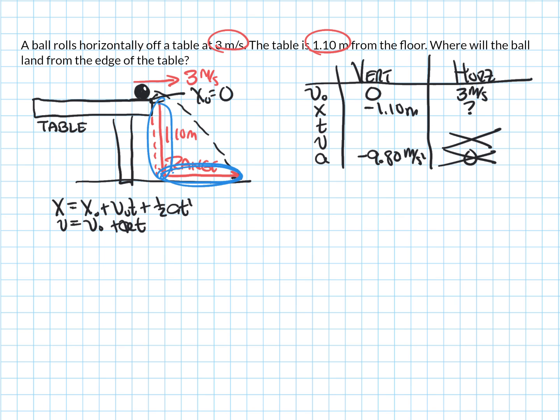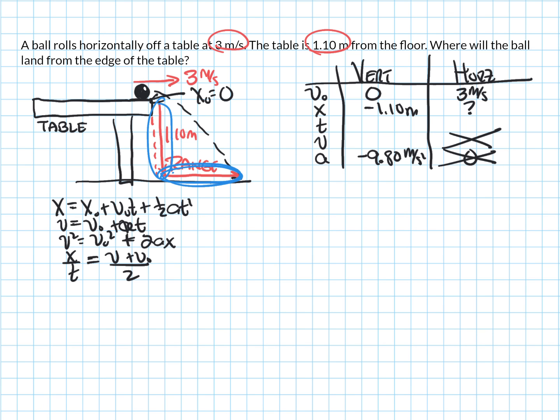Let's see, what else do I have? Oh yeah, v squared equals initial velocity squared plus 2ax. And those are our main equations. We also have that x over t is equal to v plus v naught over 2. So I have 4 kinematics equations I can use.